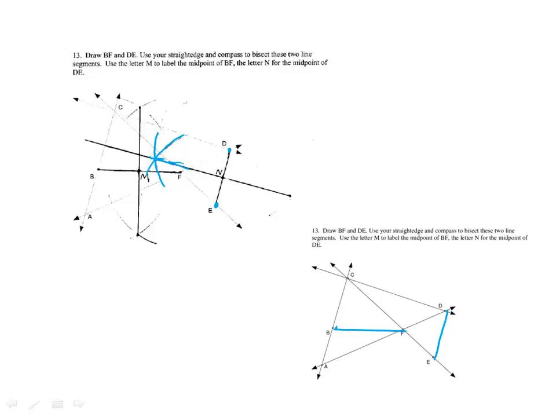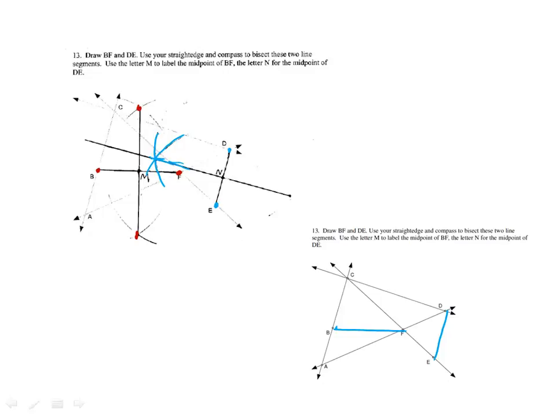So remember that perpendicular bisector. Here it is. We're bisecting now this one. I'm sorry, this one, I mean.